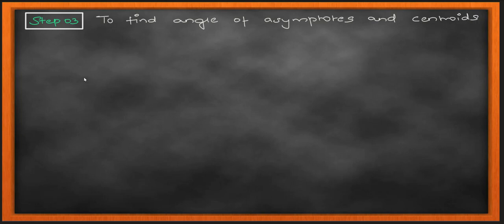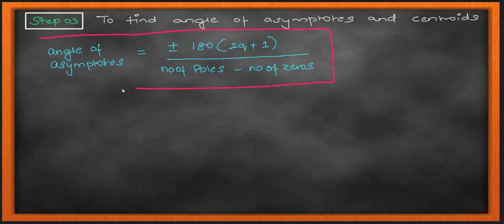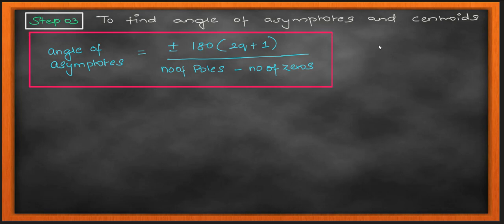So your step 3 is about asymptotes and centroids. So what are the asymptotes and centroids? The centroid tells us about a point, like the center of mass of the operation. If your centroid is, say, 3, or 4, then you can say the radius of your system is fixed at that 4.